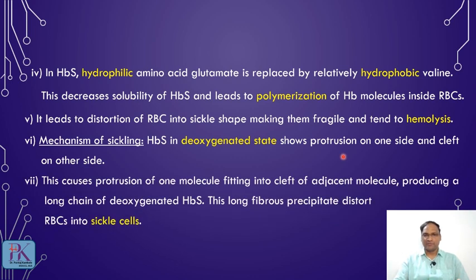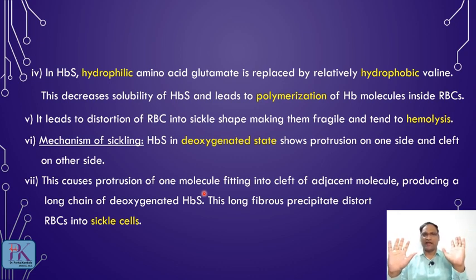Due to this, the protrusion of one molecule fits into the cleft of the adjacent molecule, and there is formation of a long chain of deoxygenated HbS, and this long fibrous precipitate distorts the RBC into sickle shape.